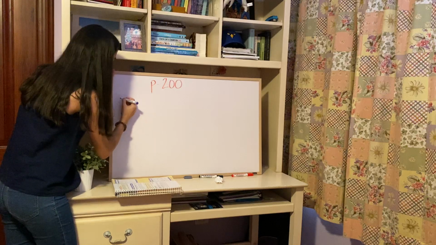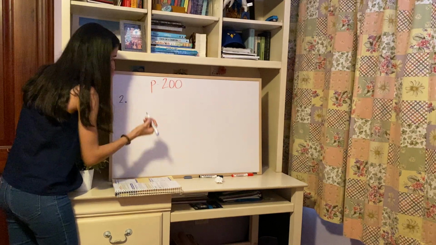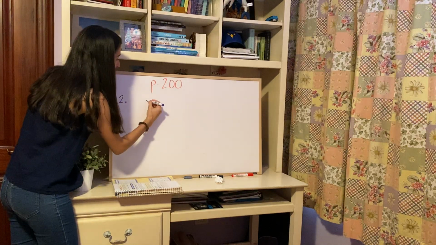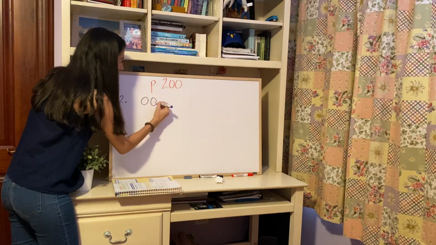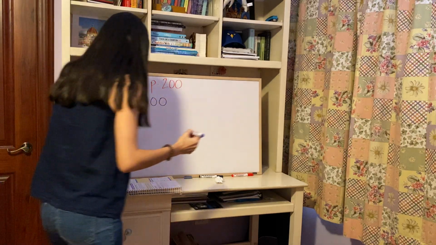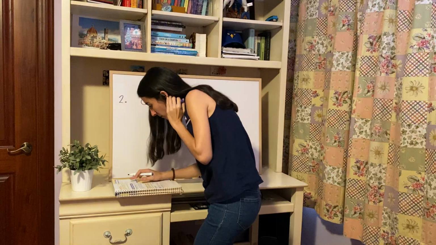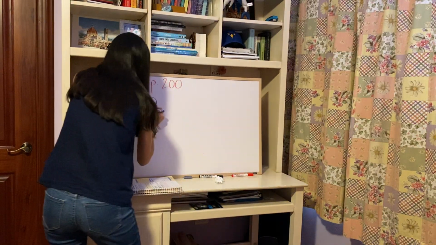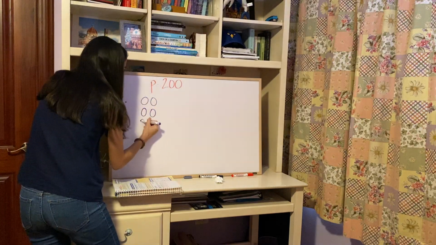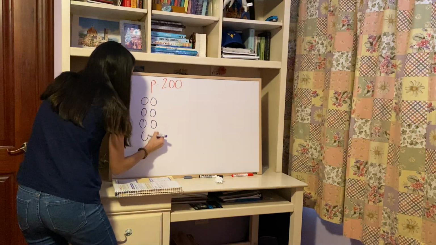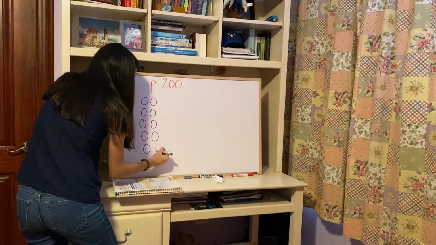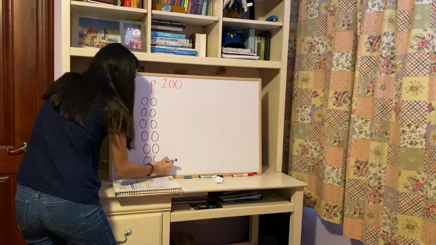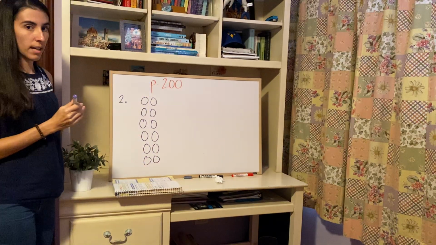Okay, so here is number 2. And it's asking me to draw 12 pennies. 1, 2, 3. Let me see. Actually, I'll go this way. 3, 4, 5, 6, 7, 8, 9, 10, 11, 12. Okay?